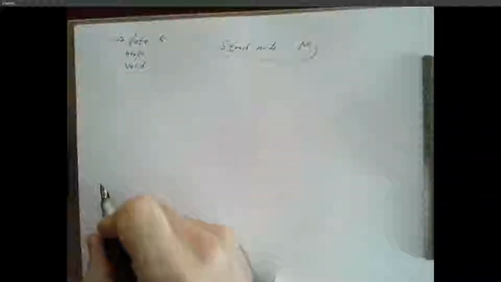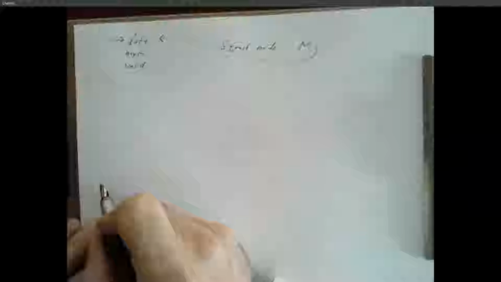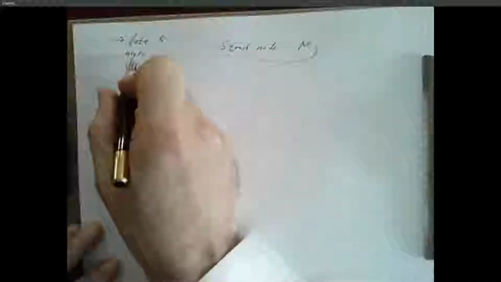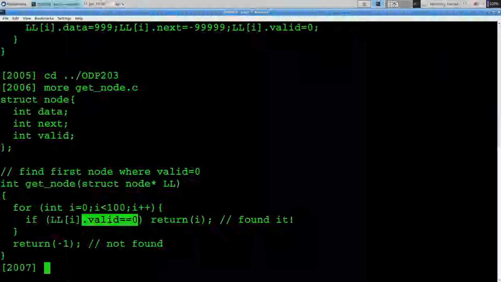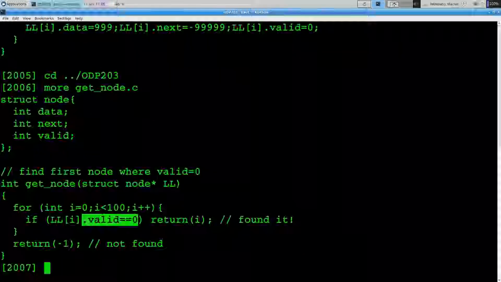It's an integer, so it takes 4 bytes. If the system wants to do something with the next field, it's going to take the address of n and add 4 to it. And that's where it's going to look for the next field. And if it wants to look at the valid field, it's going to take the address of n and add 8 to it. And that's where it's going to look for the valid field. And you don't have to take my word for it, because we can use GDB.